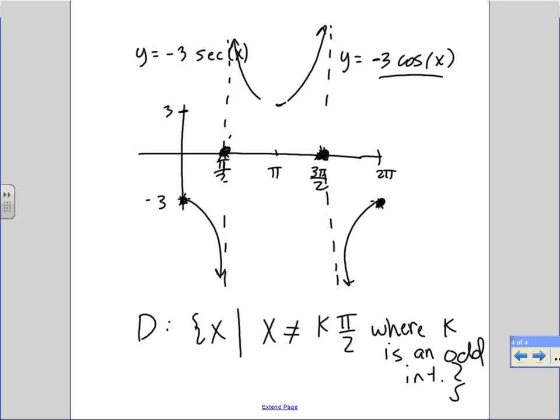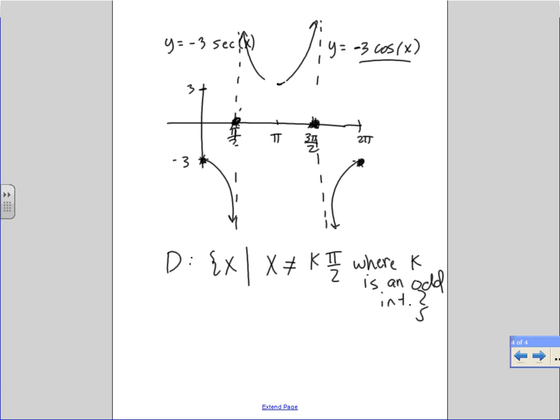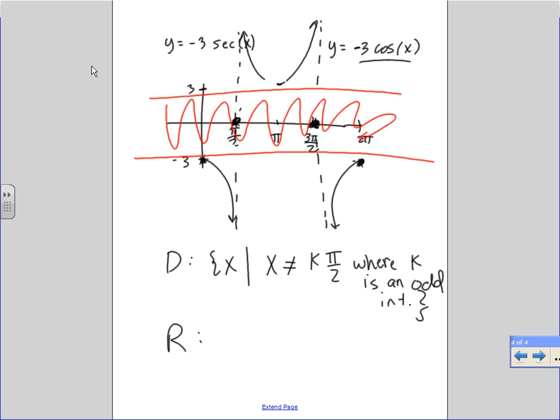Now for my range, let's notice what the range is. Basically, the range is everything except for what's in between -3 and 3. I didn't have any graph in this area. It was all either above 3 or under -3. So let's write this out.